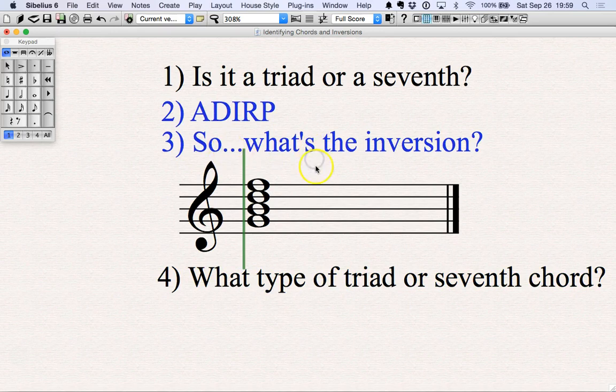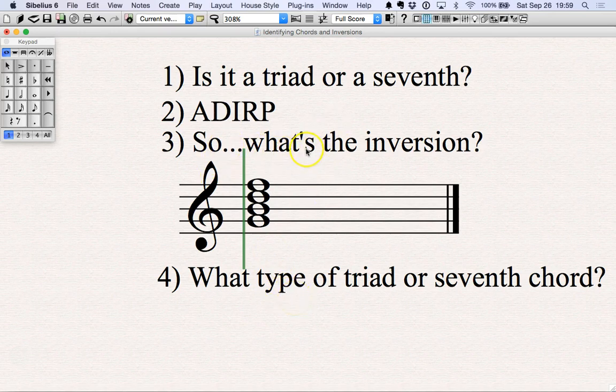But the nice thing about doing number 3 before number 4 is that it helps eliminate certain mistakes. If you try to identify the triad or seventh chord, and because you're doing a million of these in a row, you might have forgotten, oh wait, it wasn't in root position, and you accidentally tried to identify it as root position.